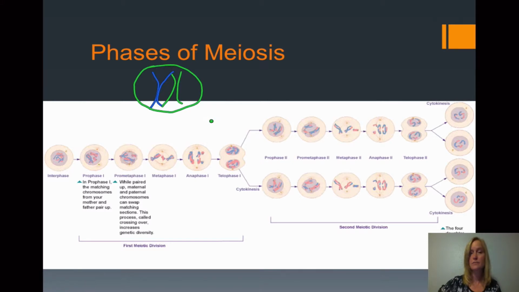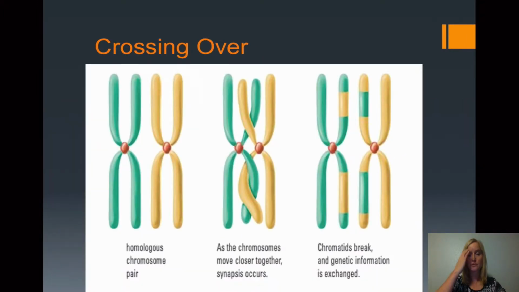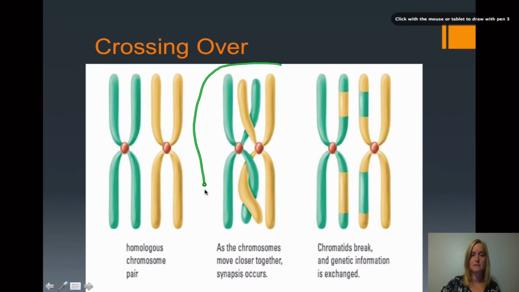And something really important happens here. It's called crossing over. So I'm going to go to this graphic. You have the homologous chromosome pair, and then as the chromosomes get closer together, what we see happen is a synapsis forms.